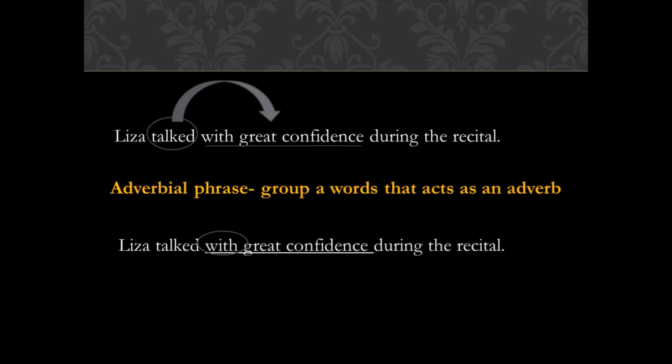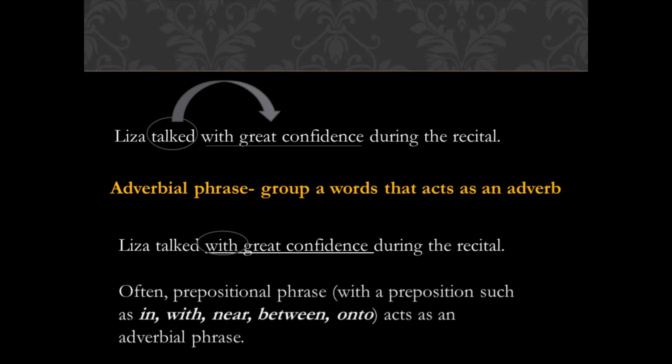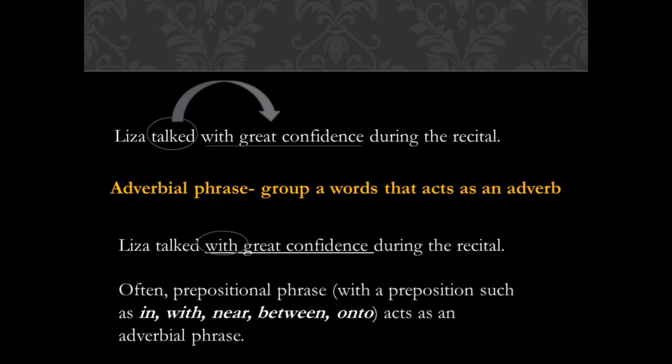We can say that this phrase is also a prepositional phrase. But since it modifies our verb, it can also be called an adverbial phrase. Often, a prepositional phrase with a preposition such as in, with, near, between, onto, acts as an adverbial phrase.